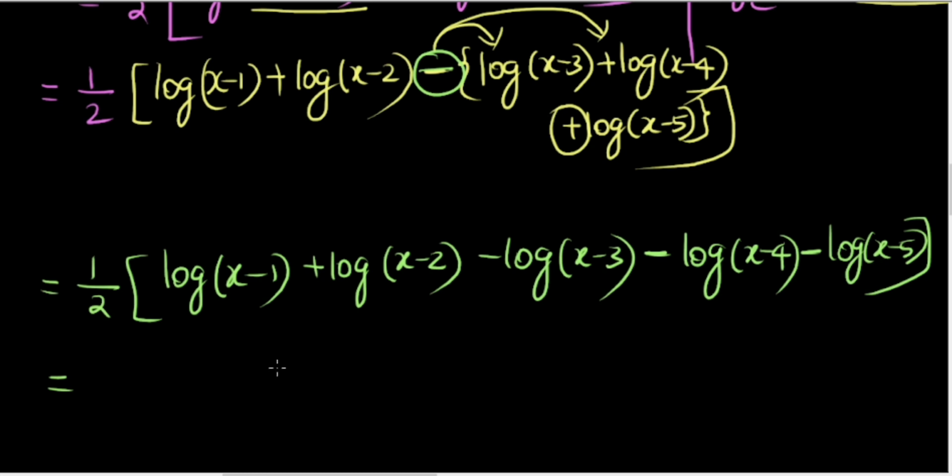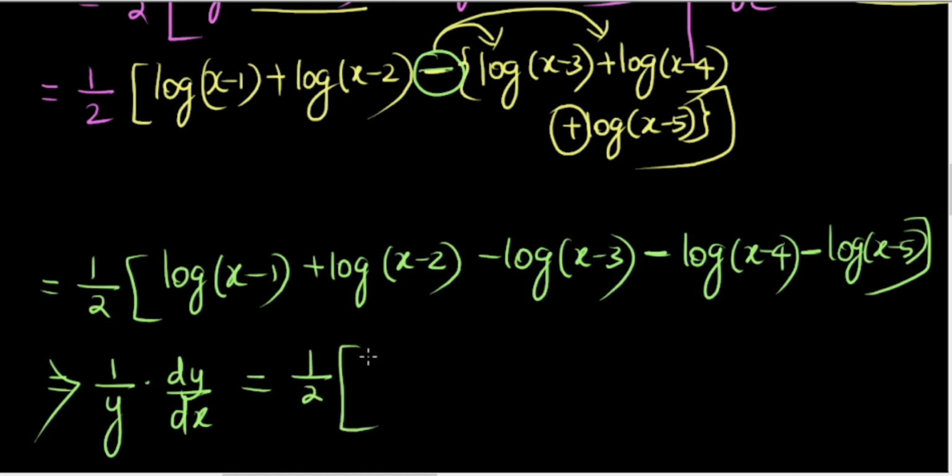Now, of course, we can differentiate the above function. Differentiating y with respect to x, we will be getting 1 over y into dy over dx, because we are having log y there. So log says we need to write them as 1 over something. So 1 over y into dy over dx is equal to half of: log of x minus 1 is simply 1 over x minus 1.